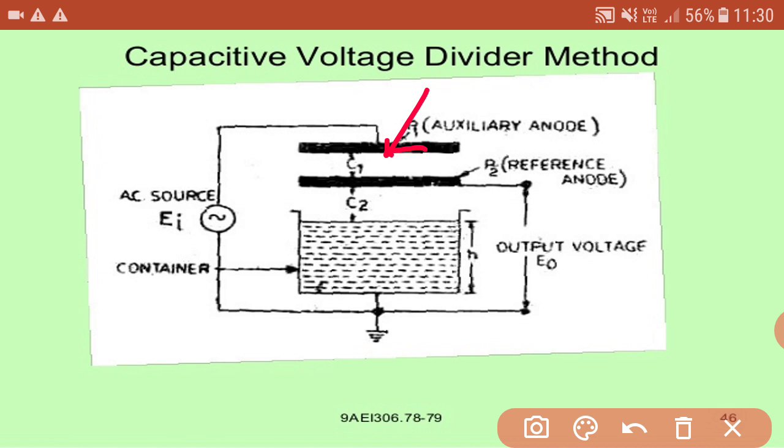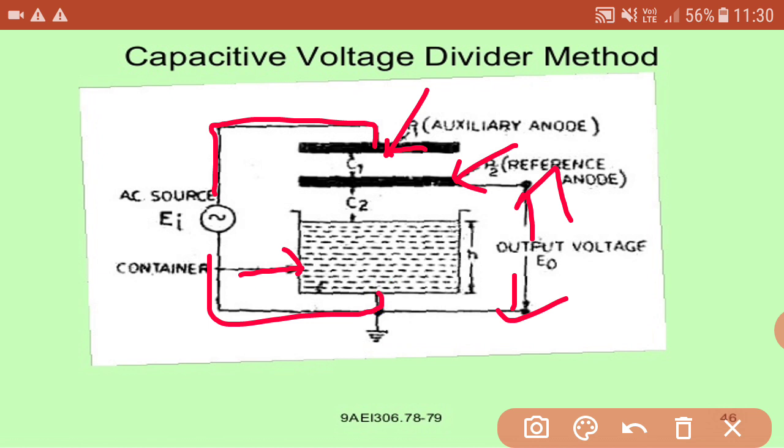Then the second one is P2, the reference anode, and output is taken from this container. So output is taken in between these two points, and the source is given to the auxiliary anode and container. The source will be AC type. So this is the arrangement for the capacitive voltage divider method.